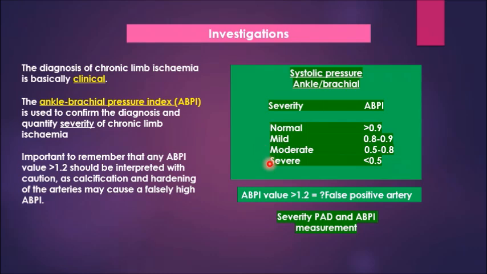An ABPI of more than 1.2 should be taken with caution, as it may be a false reading due to artery rigidity due to calcification of the artery. It's important to remember that an ABPI value of more than 1.2 should be interpreted with caution, as calcification and hardening of the arteries may cause a falsely high ABPI.